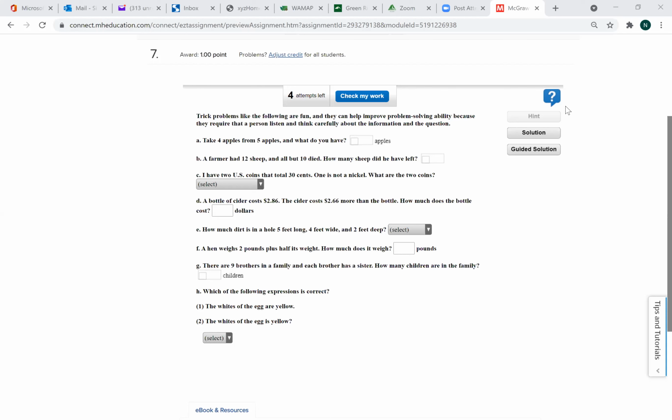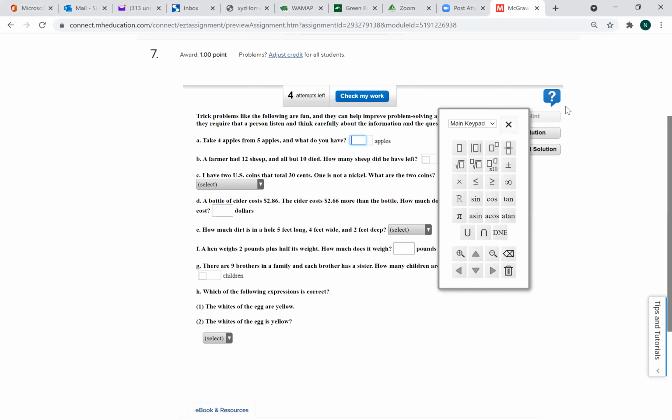What would you have? It seems intuitive that we would have 1 apple. But you're taking 4 apples. That's what you have, because you took 4 apples, right? So I would agree with that, 4.